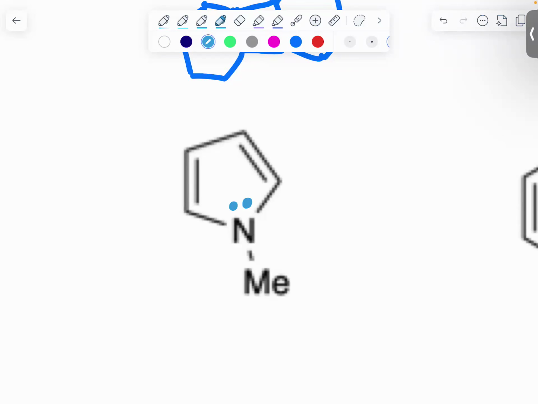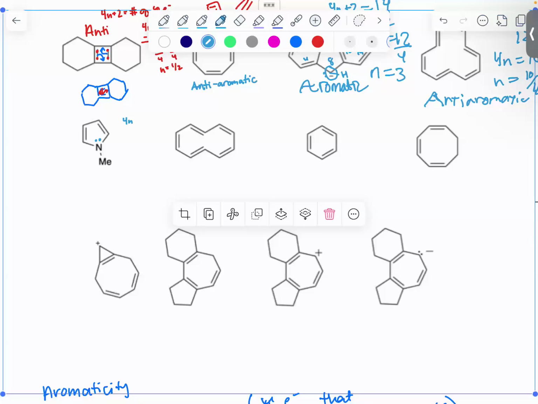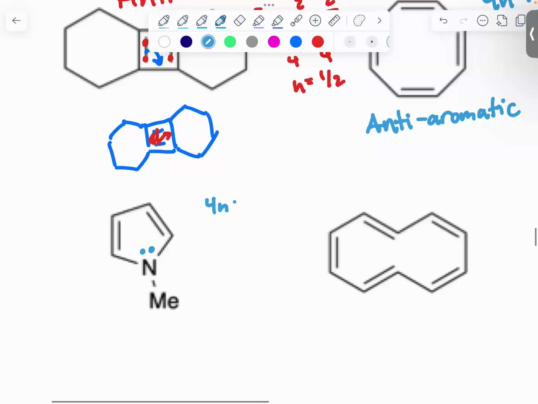You have a lone pair here. The nitrogen has a lone pair, therefore has pi electrons. So it's a conjugated system.